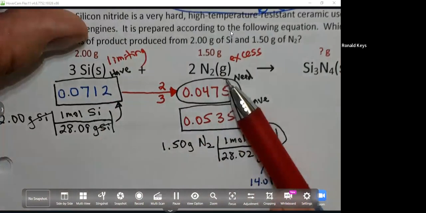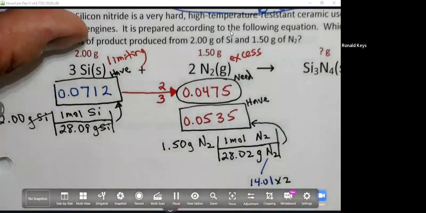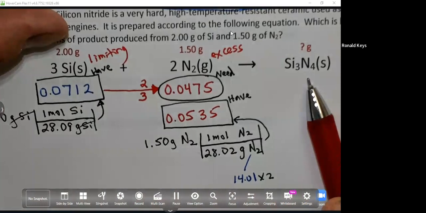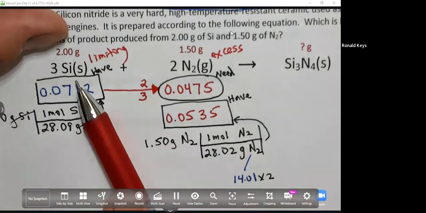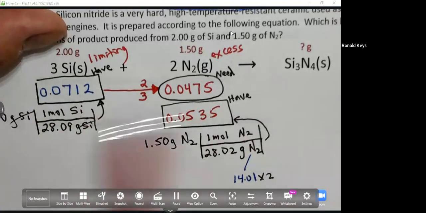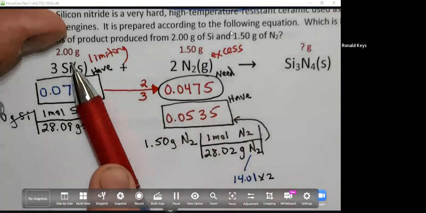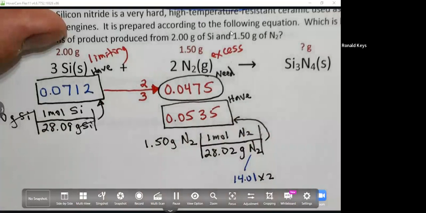Some of your 1.5 grams is going to be left over. The reaction is going to stop making this product when you run out of your 2 grams of silicon. The reaction is going to go, but when you run out of the 2 grams of silicon, your reaction's done.